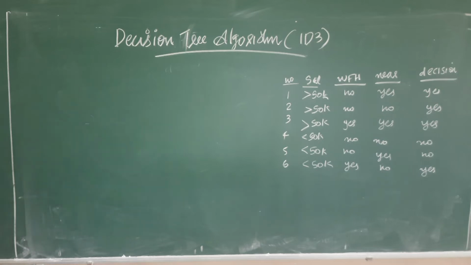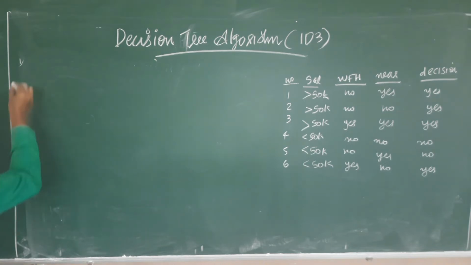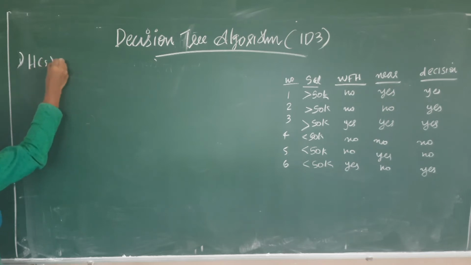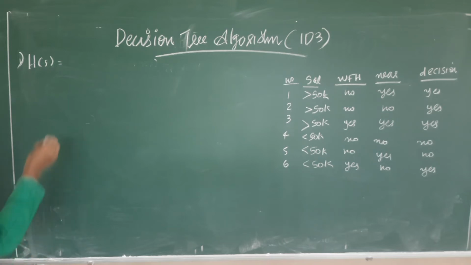Now we have to create a decision tree out of it. So the first step that we need to take is to find the entropy of the data set. The data set contains just 2 classes, right? Yes and no. So we have to find the entropy.